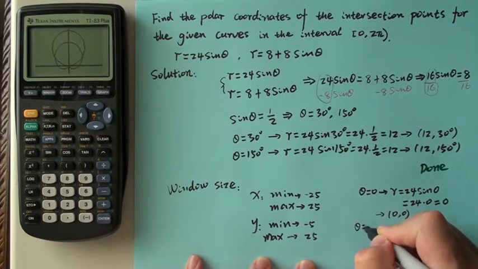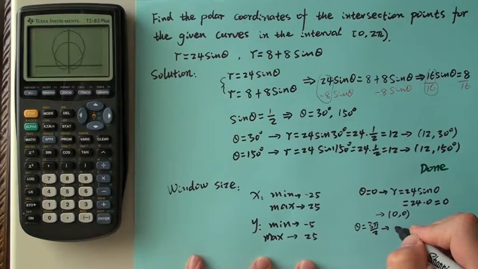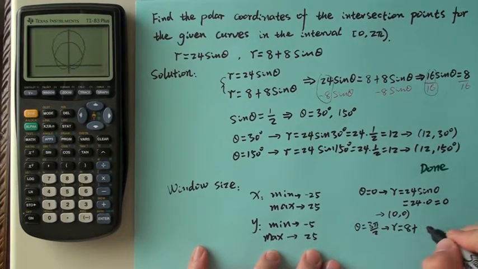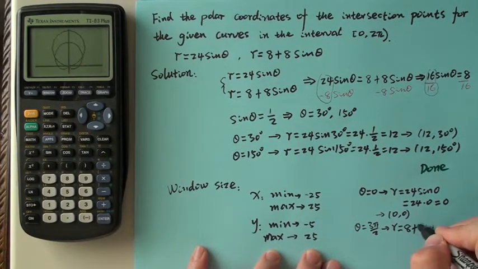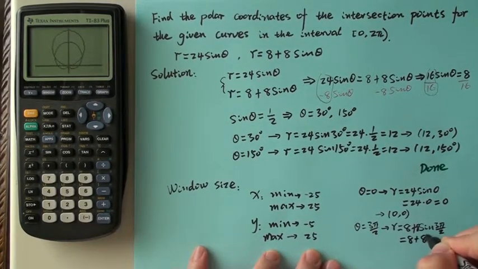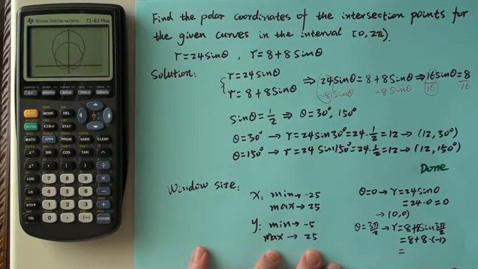So if theta is 3 pi over 2, then r equals 8 plus 8 times -1, which is 8 minus 8, that's 0.